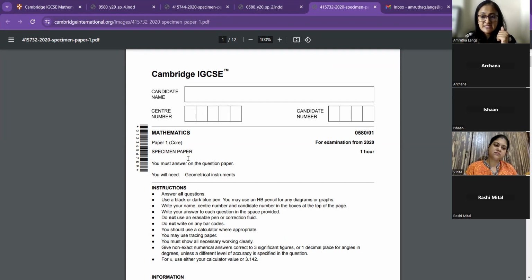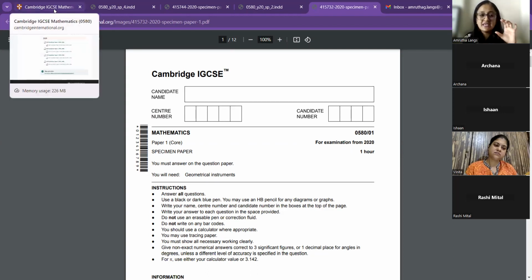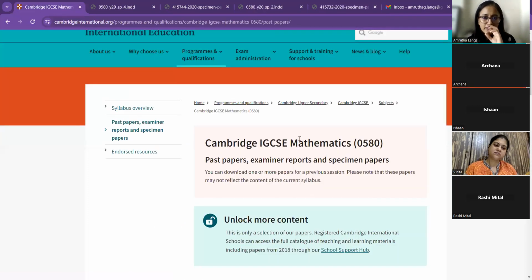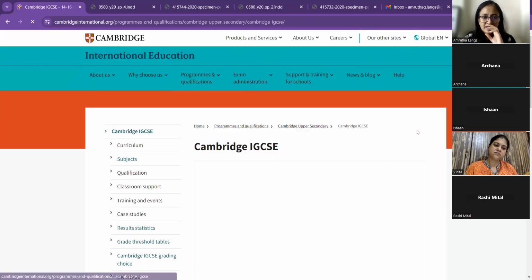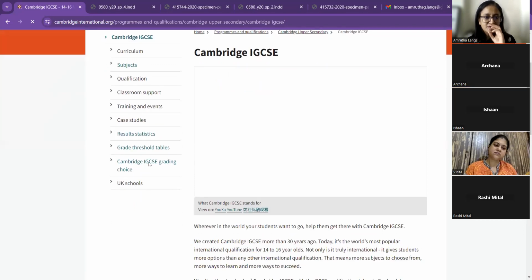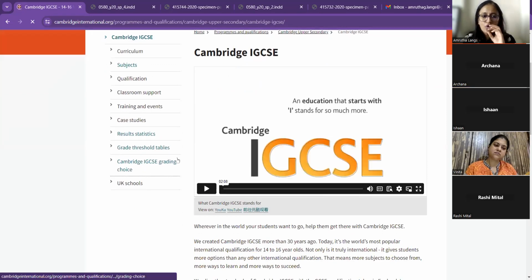How will it affect your grades? Let me tell you. If you choose a core subject, a subject with core syllabus, you will be able to score the highest grade, that is C. It's written clearly. If you go on the grade thresholds, one minute, I'll just show you here. The grading choice and systems, here you will see all the rules they have given.